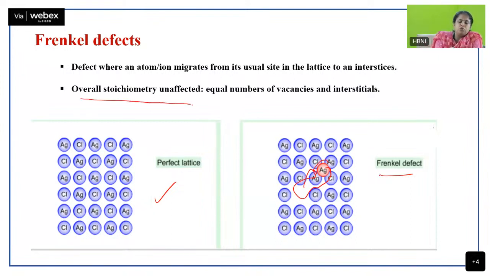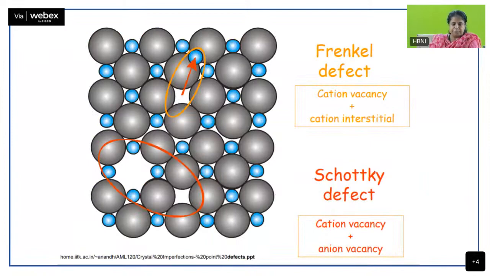So the overall stoichiometry is unaffected. You have an equal number of vacancies and interstitials. Just another cartoon to compare these two particular defects. This is your Schottky defect, and this is your Frenkel defect where the atom has gone into the interstices.